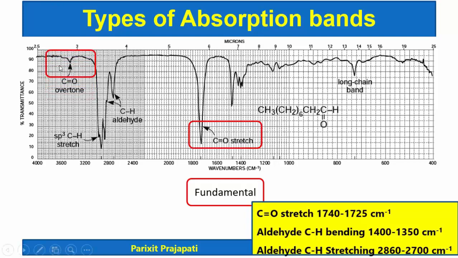You can see that it is around 3500. You can extrapolate it on the x-axis. So this one is the first overtone of the C double bond O stretching vibration, which occurs around 1740.